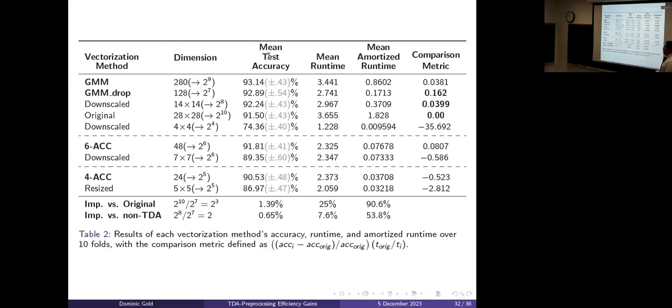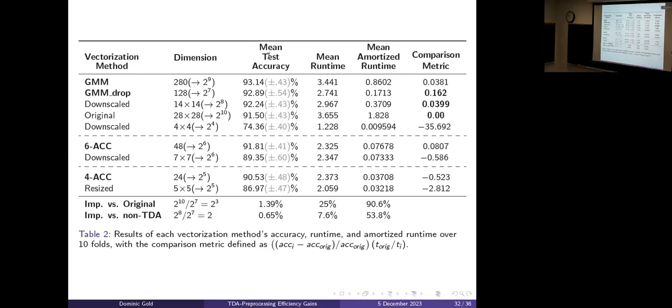The most obvious one was to make a metric that weighs accuracy versus runtime, right? So that's what this ratio is. This ratio effectively says, if you're below the accuracy of the original, you're negative. If you're more accurate, then you're positive, right? And then this fraction right here scales it based off of how fast you are.